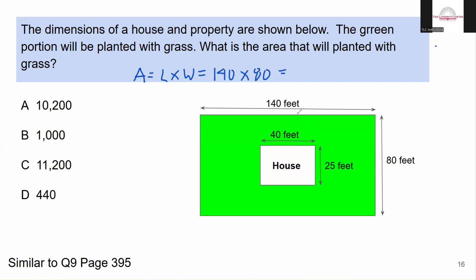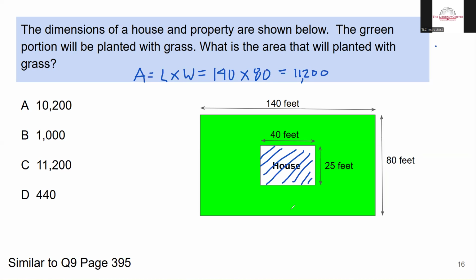That is 11,200. And you probably did that as part of working out the problem. But that's not the answer to our question because that bigger rectangle includes this rectangle. And there's going to be no grass planted where the house is. So we need to subtract that from this shape.